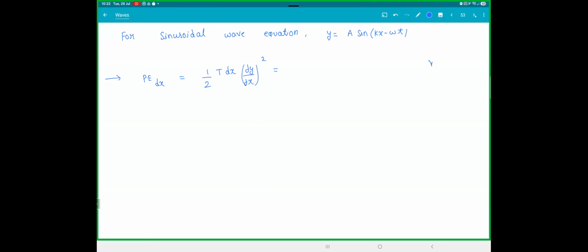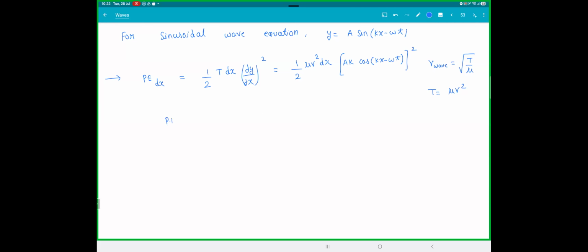And we also know V wave is equal to root over T by mu. So tension will be mu into V square. So substitute here, half into mu into V square into dx, and dou y by dou x will be A into K cos kx minus omega t, whole squared. When you differentiate with x, time is constant.